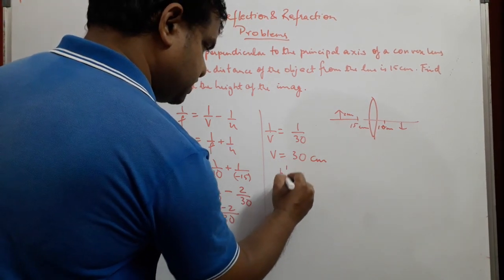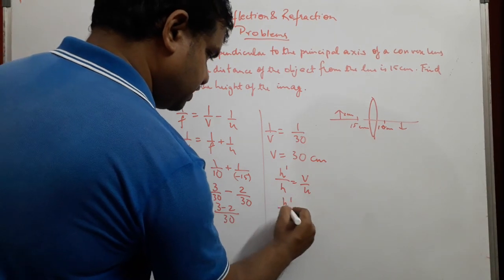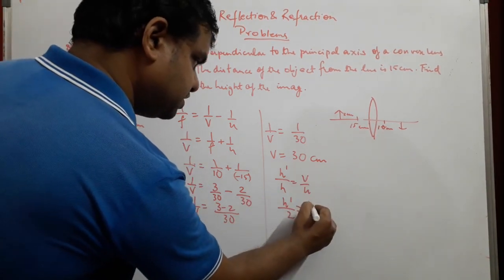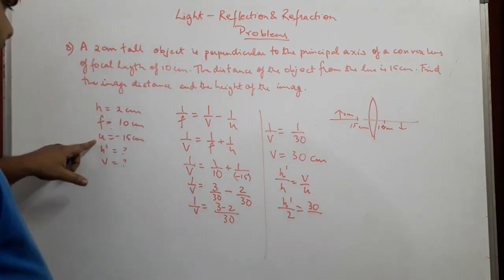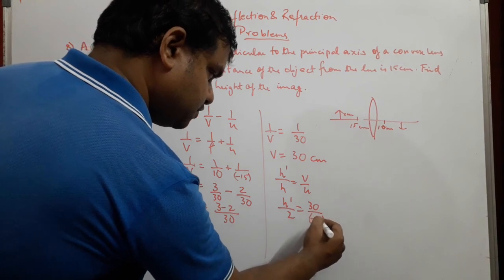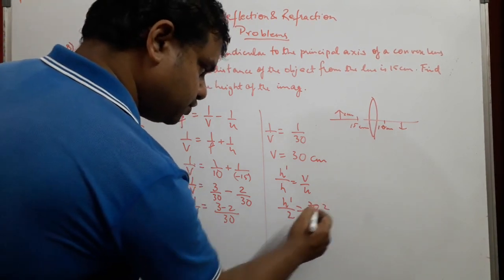Now that we have got v, we can find h dash using this formula: h dash upon h equal to v upon u. h dash we need to find out. h is 2, v is 30 and u is minus 15. So 15 ones are 15, 15 twos are 30. 2 into 2 gives us 4.